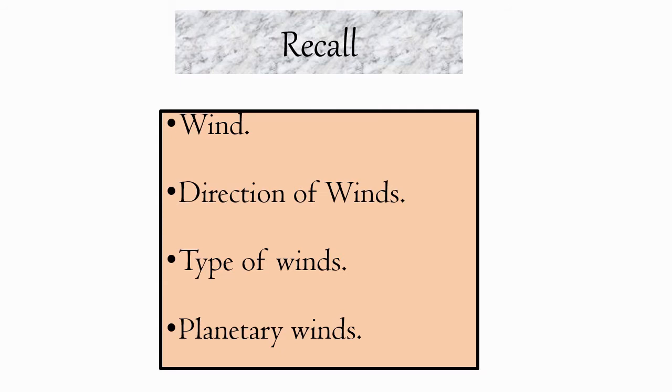If the winds move from east to west, they are called easterlies. If the winds move from west to east, they are called westerlies. And in both the hemispheres, winds blowing from the polar high pressure belt to the subpolar low pressure belt are called polar winds.